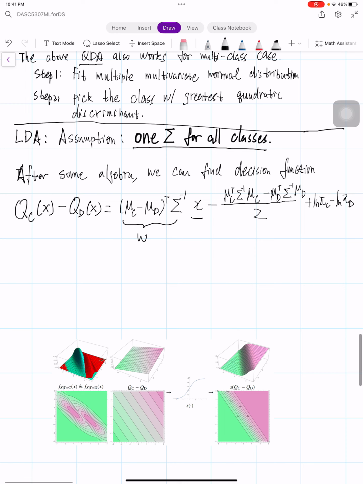The last two parts form a constant alpha. So our decision function is again linear, which is w times x plus alpha. That's why this method is called linear discriminant analysis.